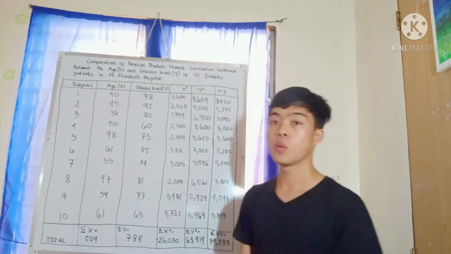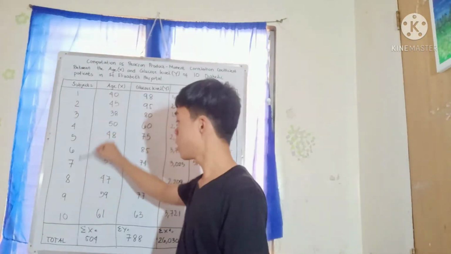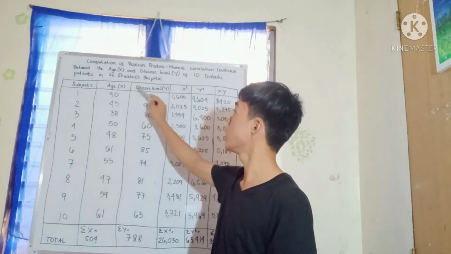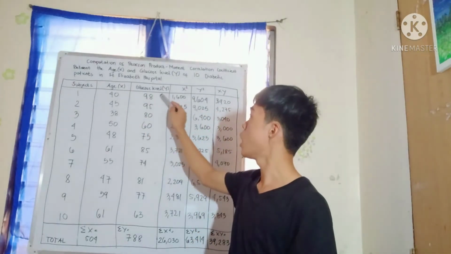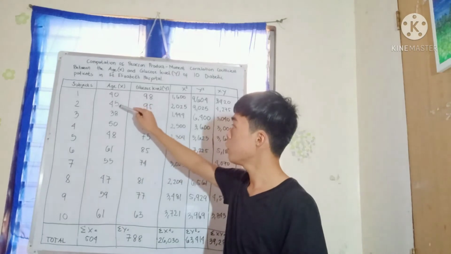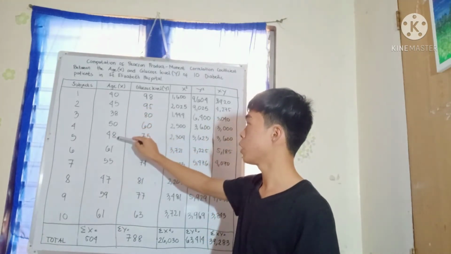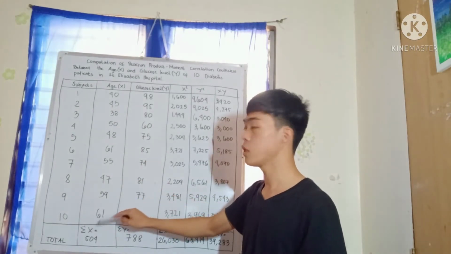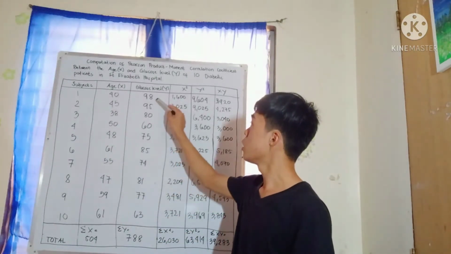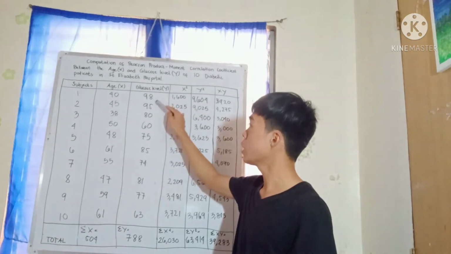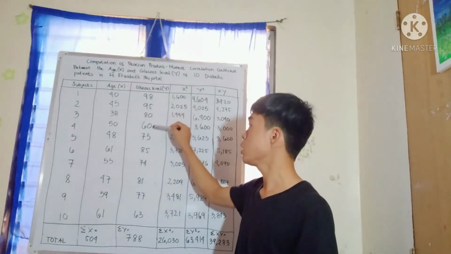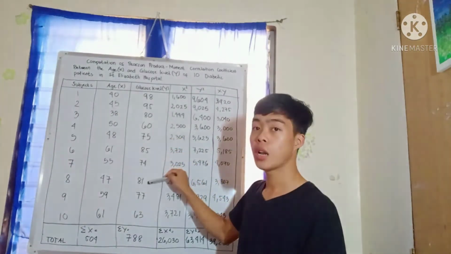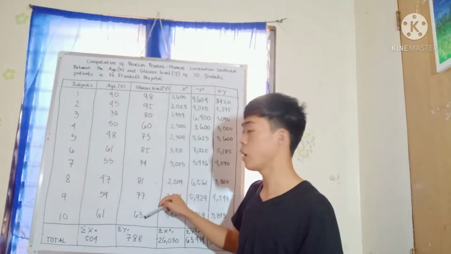So we have here the 10 subjects, and the age serves as our X and the glucose level serves as our Y. The age is 40, 45, 38, 50, 48, 61, 55, 47, 59, and 61. And our glucose level, the Y, is 98, 95, 80, 60, 75, 85, 74, 81, 77, and 63.